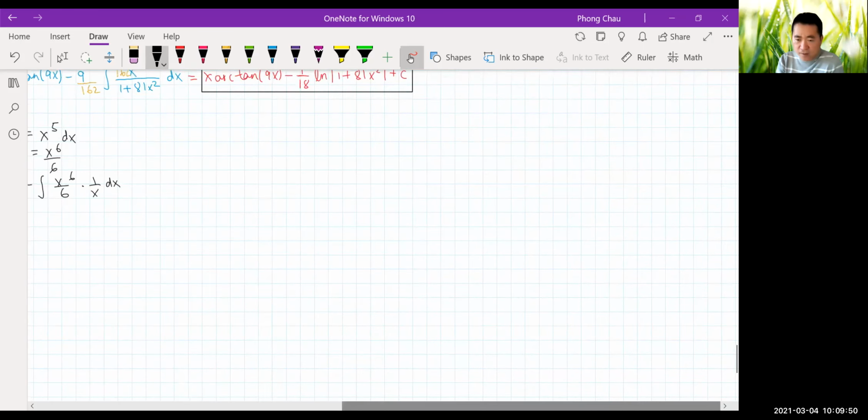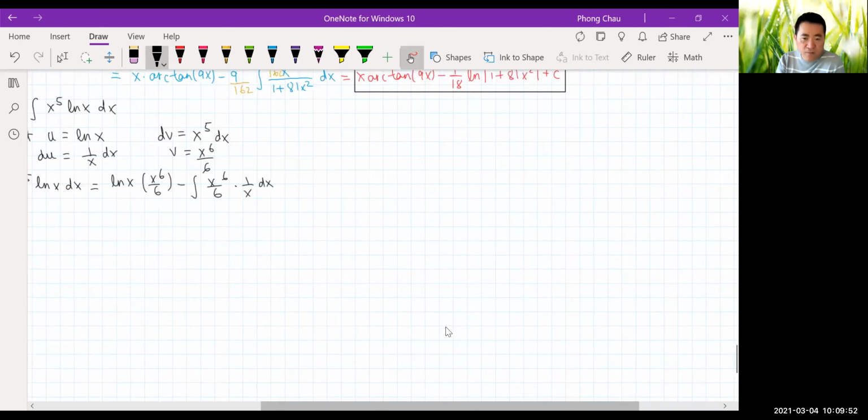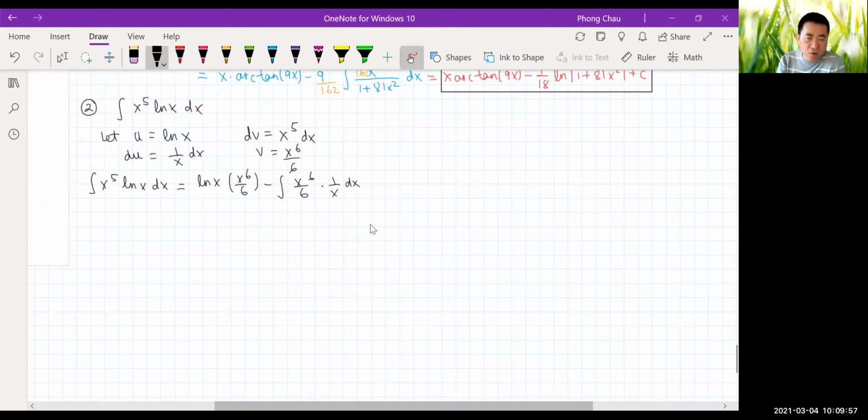For that one, this remaining integral we need to handle, although it has a product, right? You see there's a product. It's not a problem. Why is it not a problem? Because I can simplify. See, that simplifies to x to the fifth, right? x to the 6 over x, and then there's a constant here.